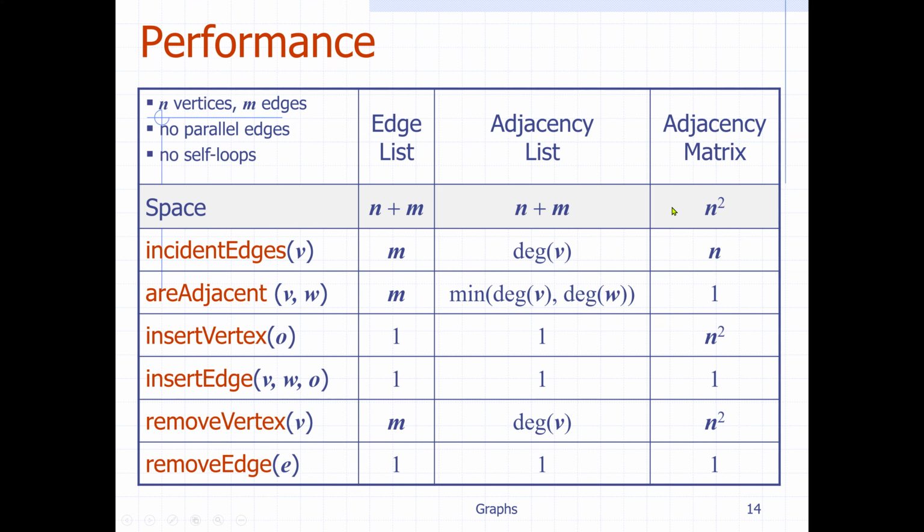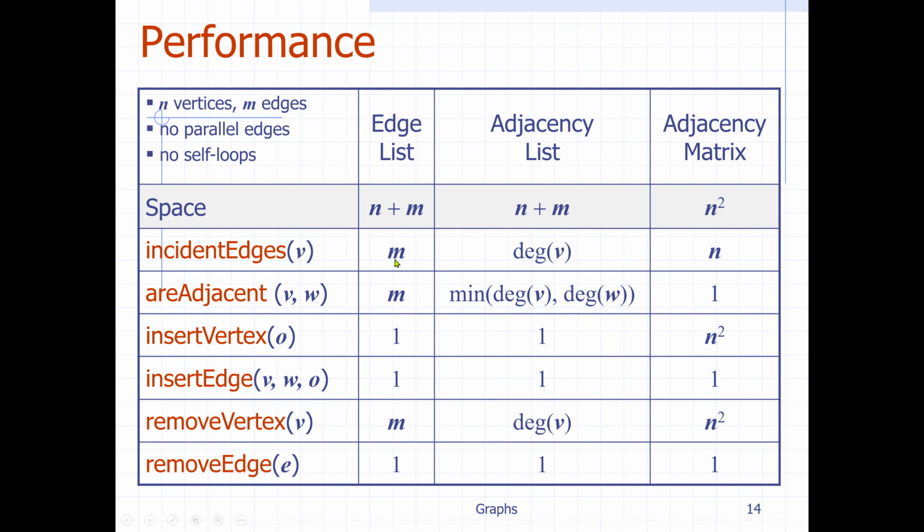So 10 squared will be 100. So in terms of space, adjacency matrix is N squared, the number of vertices squared. We can see that adjacency list take less with edge list, and plus we had the total of number of vertices and edges.